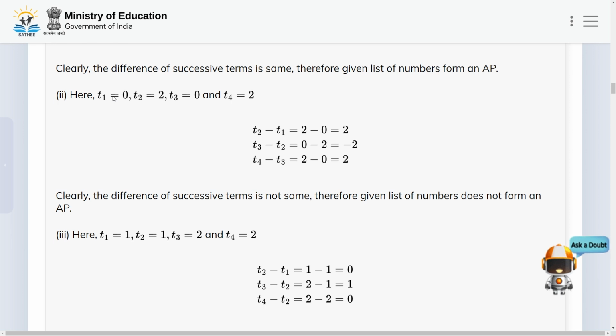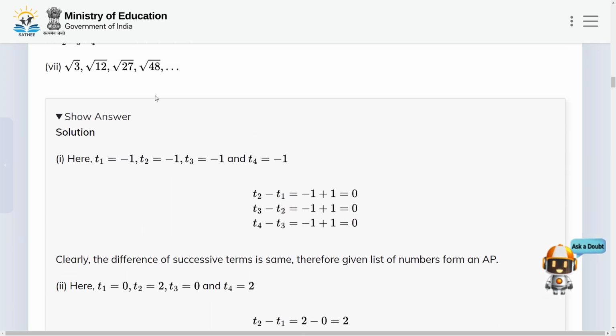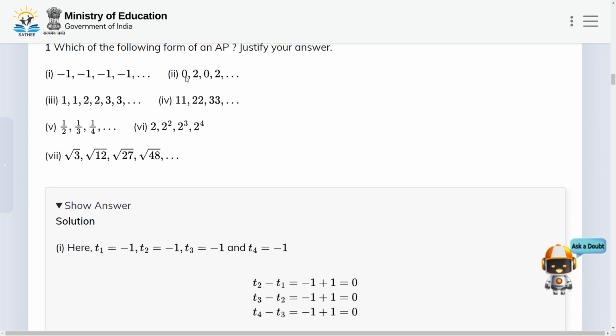So T2 minus T1 is not equal to T3 minus T2. Therefore the given list of numbers 0, 2, 0, 2, and so on does not form an AP.